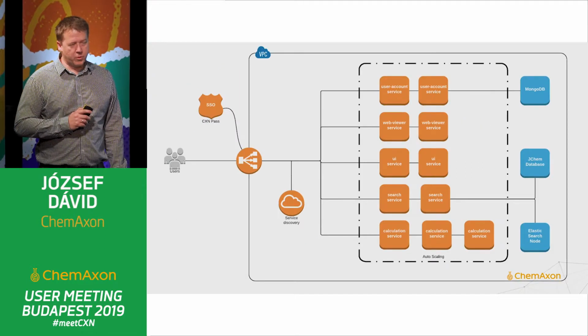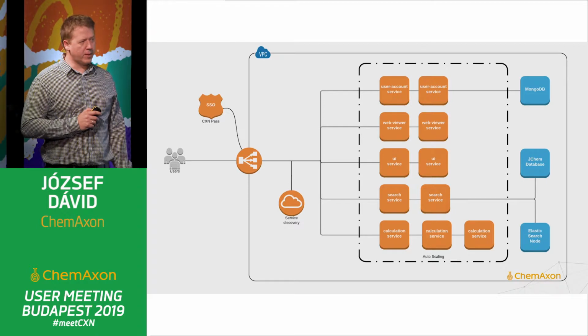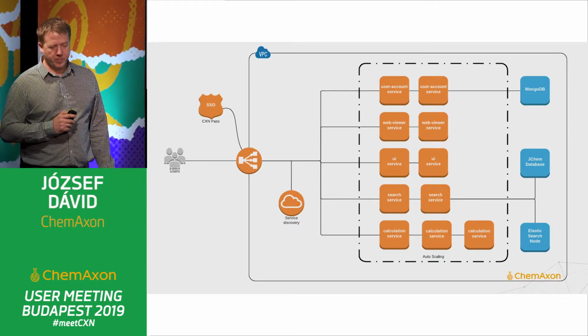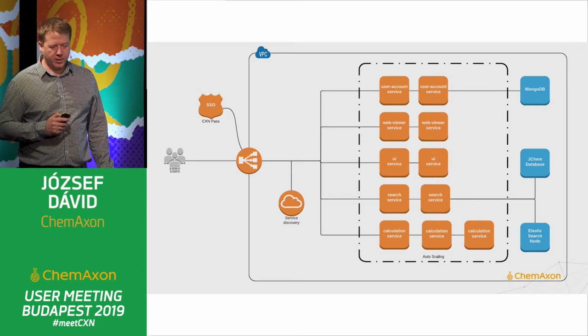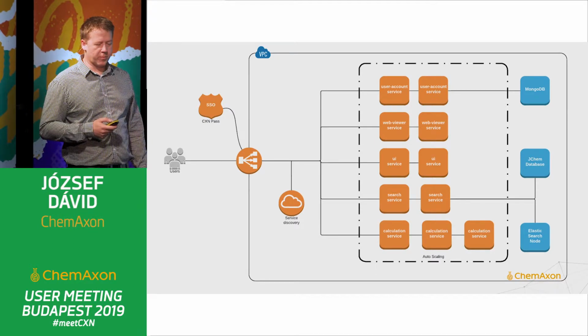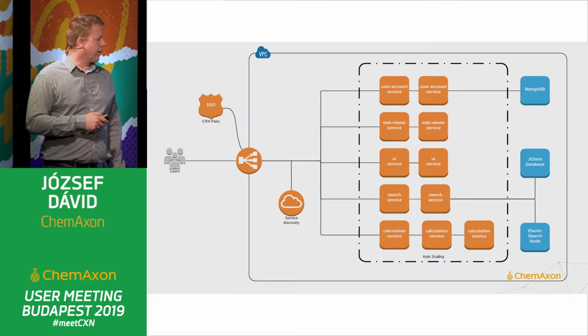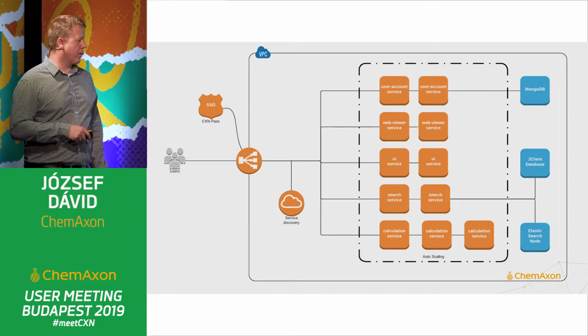Plus, I'd like to show you a very, very high level request flow, I would say, of how we serve the requests coming from the client's browser. So the client, in this case, wants to run a calculation.